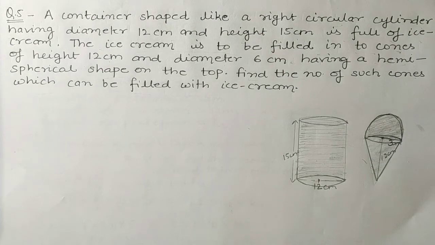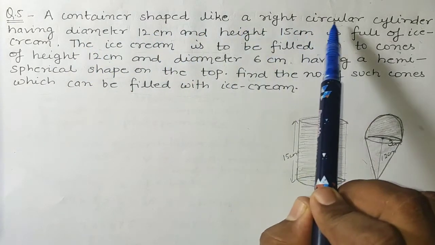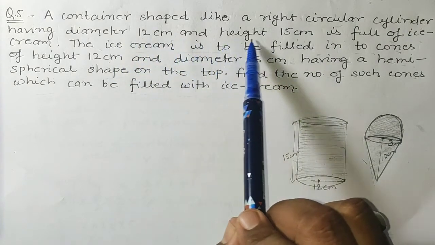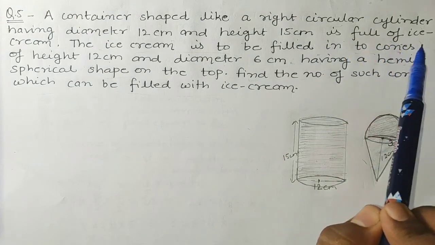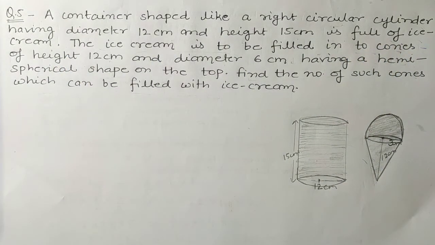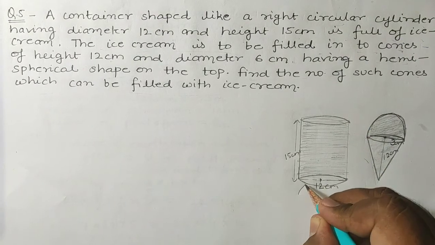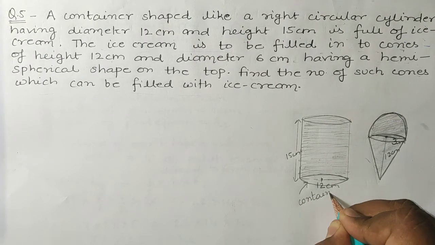Coming to question number 5 of exercise 13.3, the question is: a container shaped like a right circular cylinder having diameter 12 centimeter and height 15 centimeter is full of ice cream. Here is the container, in the shape of a right circular cylinder.